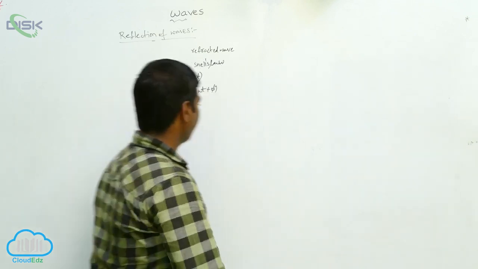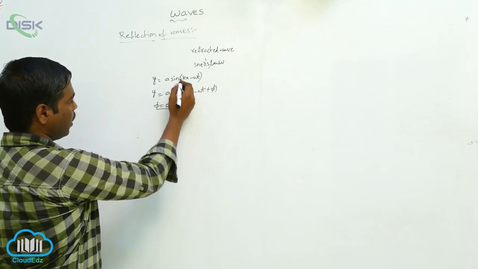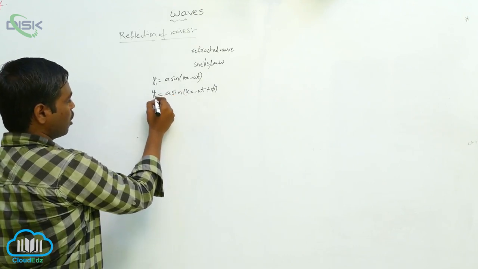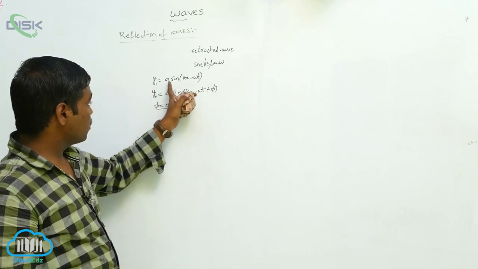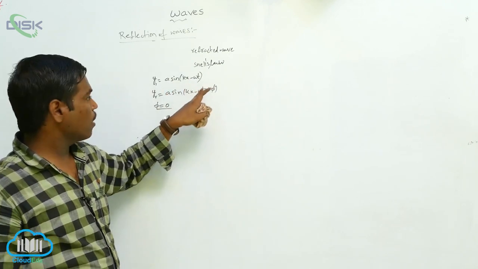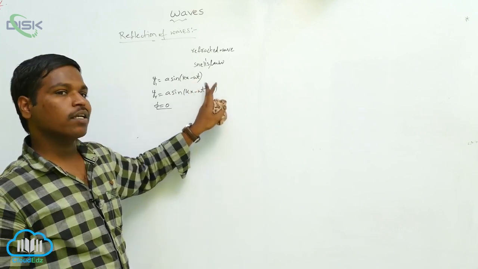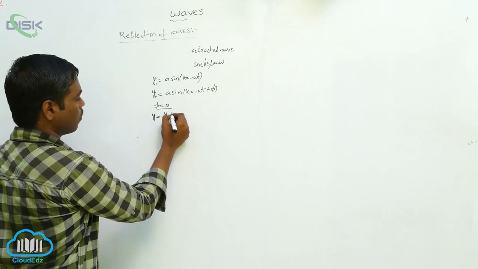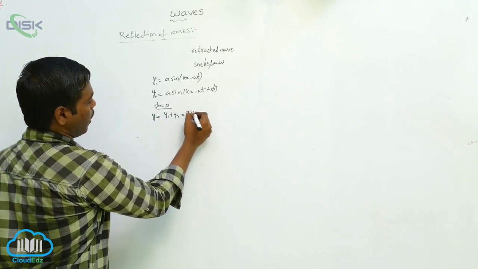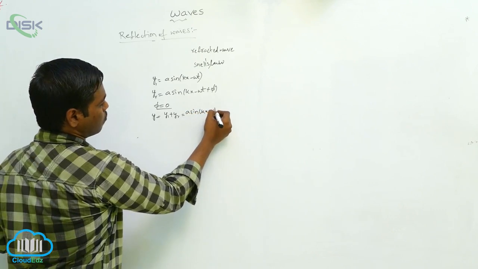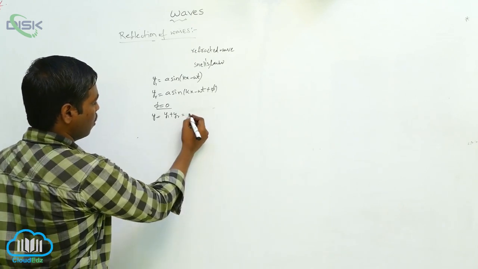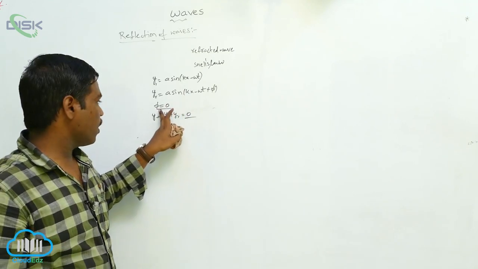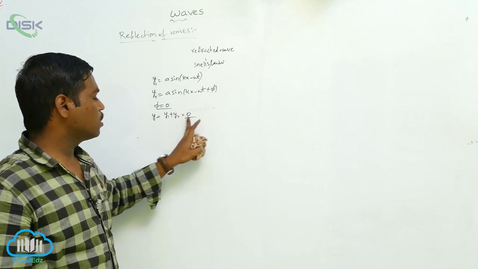Then the superposition of the wave and the reflected wave gives zero displacement. The total displacement y is equal to y1 plus yr, and we get zero displacement directly. When the phase angle phi is 0, we get zero displacement.